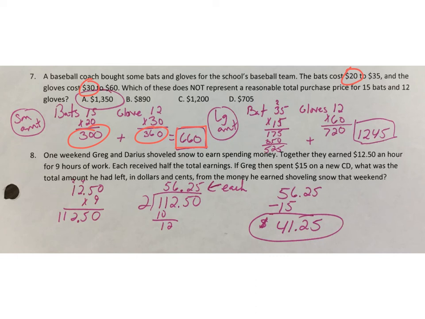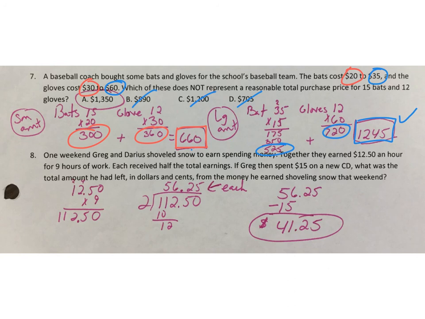The largest amount would then be 35 and 60. So 35 times the 15 bats, and then the 12 times the $60 worth for gloves, and you get that total of $1,245. You find the one that is not in that range. So what does not fit between the smallest amount of 660 and $1,245? This falls between, that falls between, but A is too large. It's larger than the largest amount.